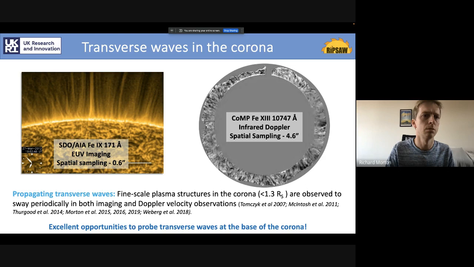The black and the pink show CoMP power spectra from the coronal hole and the quiet sun, and the blue and the green show the corresponding power spectra of the waves from SDO. SDO has trouble picking up the low frequency end of the spectrum, which is why we see a bit of a divergence.